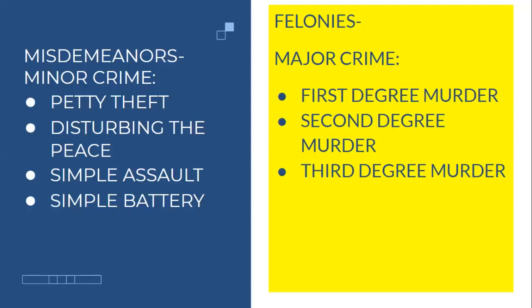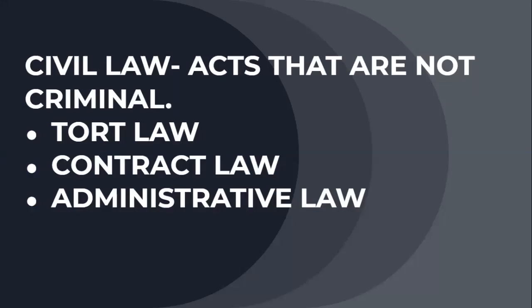Misdemeanors are minor crimes such as petty theft, disturbing the peace, simple assault, and simple battery. Felonies are major crimes: first-degree murder, second-degree murder, and third-degree murder. Civil law covers acts that are not criminal: tort law, contract law, and administrative law.